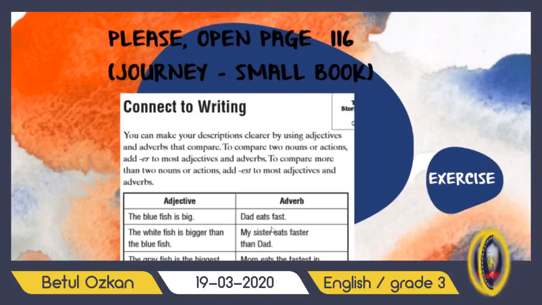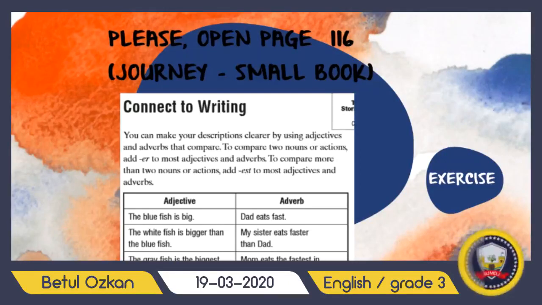The second sentence says my sister eats faster than my dad. In the second sentence, I compare my sister with my dad. So I compare 2 people. Because of this, I need to add er at the end of my adverb. In the third sentence, mom eats the fastest in the family.